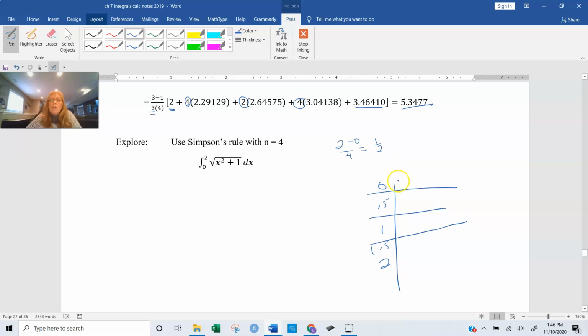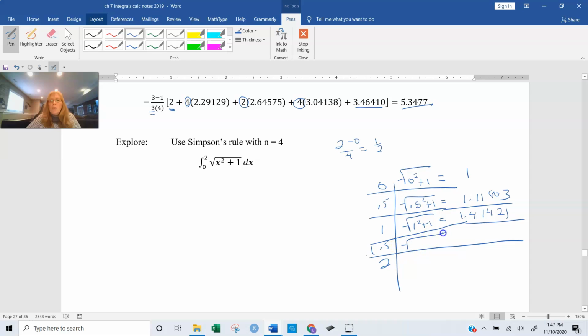Typed all of those into your formula, the square root of x squared plus 1. 0.5 squared plus 1 equals 1.11803. Plug in 1, the square root of 1 squared plus 1, or the square root of 2. You get 1.41421. Lines are not very crooked, not very straight.